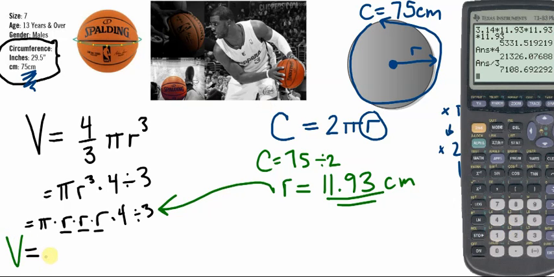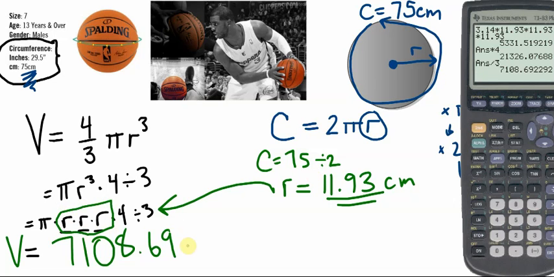This basketball is 7,108.69. And that, because we had centimeters times centimeters times centimeters from this part right here, gives us centimeters cubed.